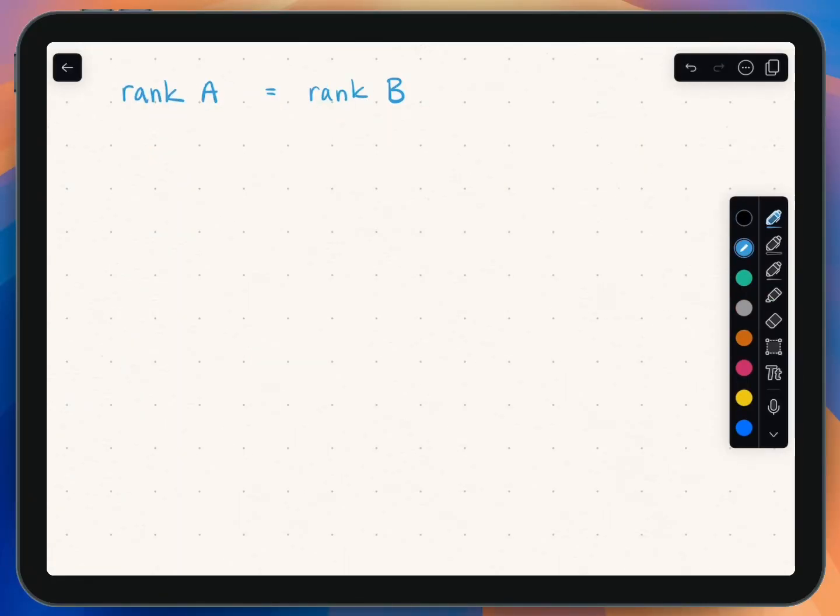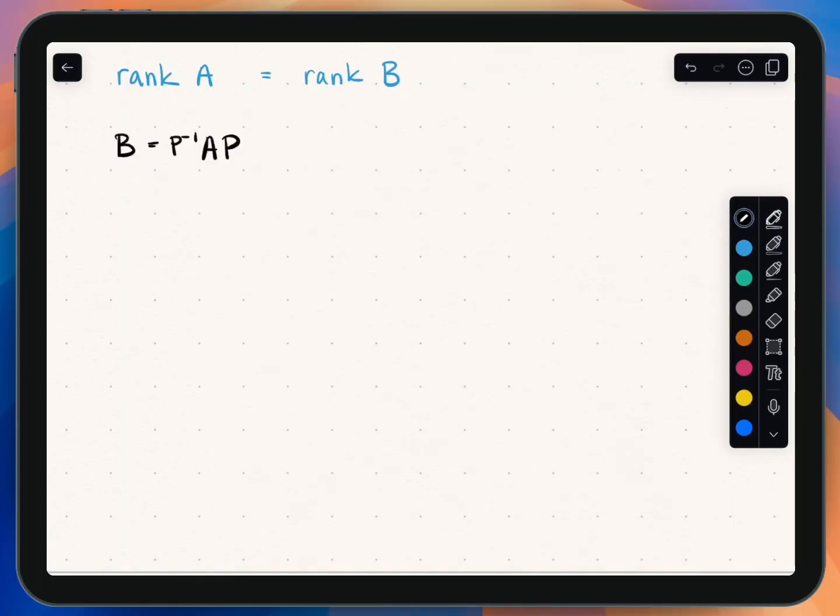And finally, I want to show you why the rank of A is equal to the rank of B. So if we start with B again, we can convert it to our different form where we say PB is equal to AP. And then I can ask, okay, what is the rank of PB?